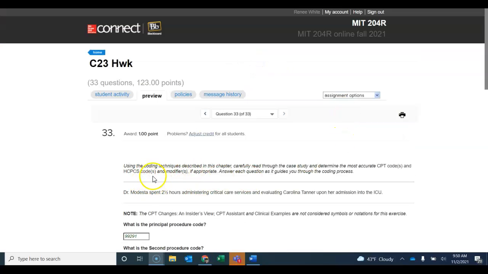So let's go through another example. Okay, so this is a critical care case. It's pretty straightforward because it says, doctor spent 2.5 hours administering critical care services and evaluating Carolina upon her admission to the ICU. Okay, so it says critical care. You can go to the back and look up evaluation and management, critical care, okay?